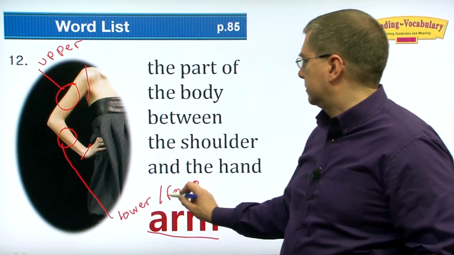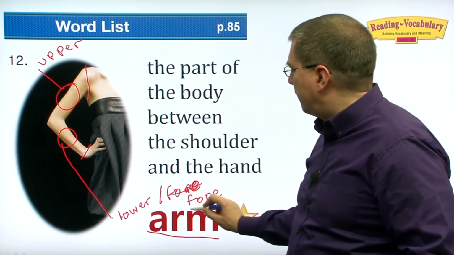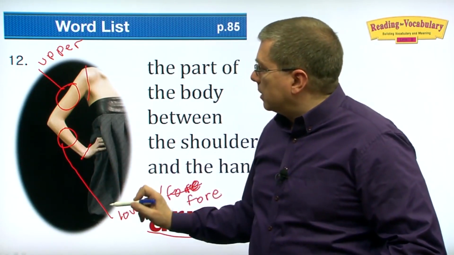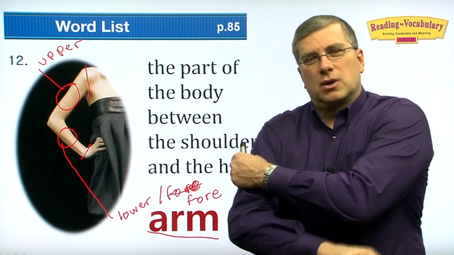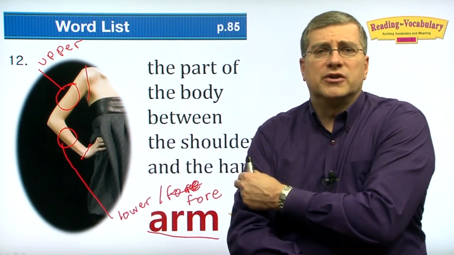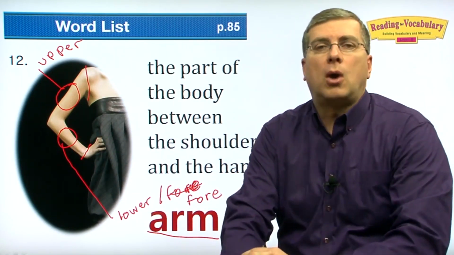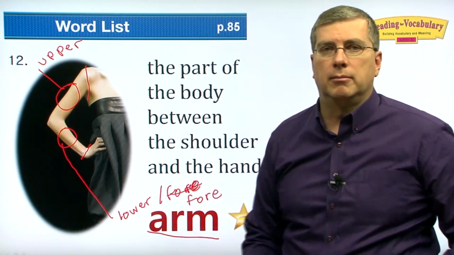Okay, well, let's do it easier for you guys. Forearm. So forearm is here. We could also call it the lower arm. This is upper arm. So if you're complaining, my arm hurts. Where does it hurt? My upper arm hurts or my forearm hurts, right? So you have two parts to your arm, okay?